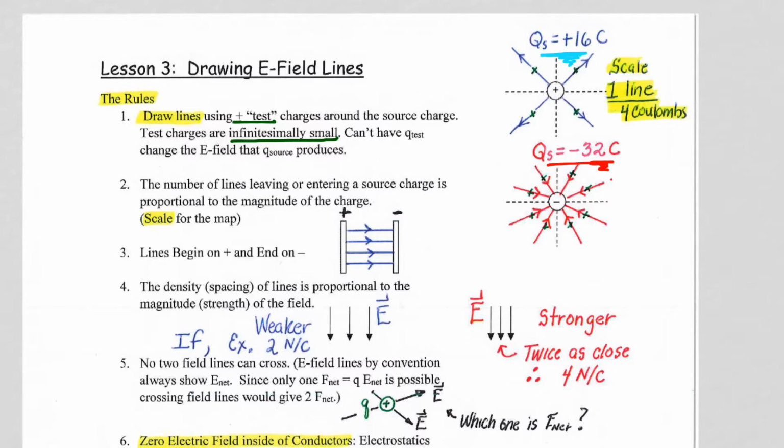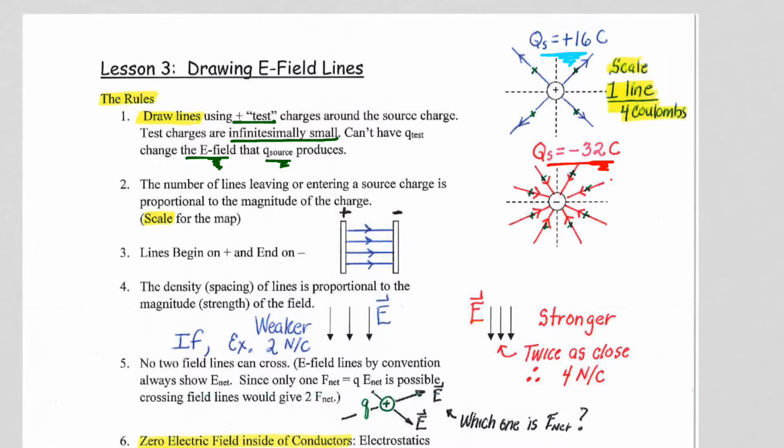The reason that they have to be infinitesimally small, and this is sometimes a multiple choice concepts question in test banks, is that we can't have the test charges themselves generate their own electric field that would then interfere or have to be added to the Q source in the problem. So you need to think of these test charges, positive first of all, and then as kind of pretend, right? Theoretical construct test charges where they're just going to be there to help us draw our field lines.